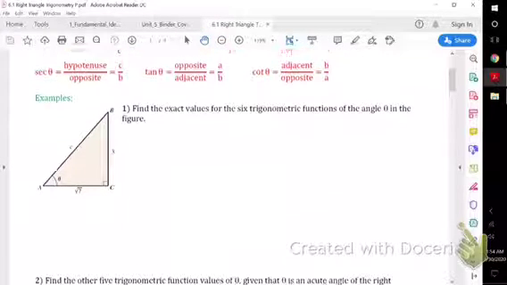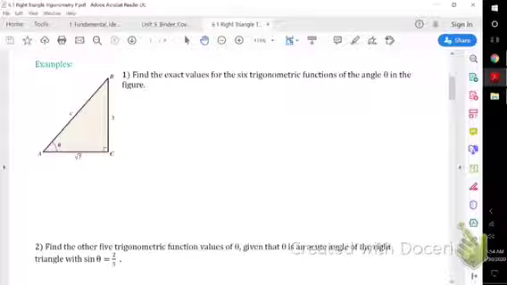if it's a right triangle. So here in example 1, it says find the exact value for the 6 trig functions of the angle theta in the figure. So we want all 6 trig functions. Well, first thing I notice is I don't have all 3 sides, so I need to. We're just going to use the Pythagorean Theorem. Remember that a squared plus b squared equals c squared.